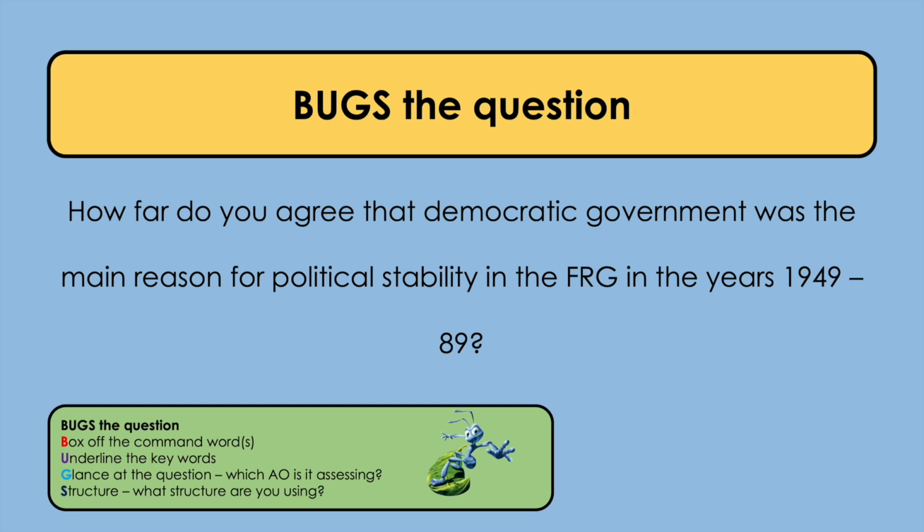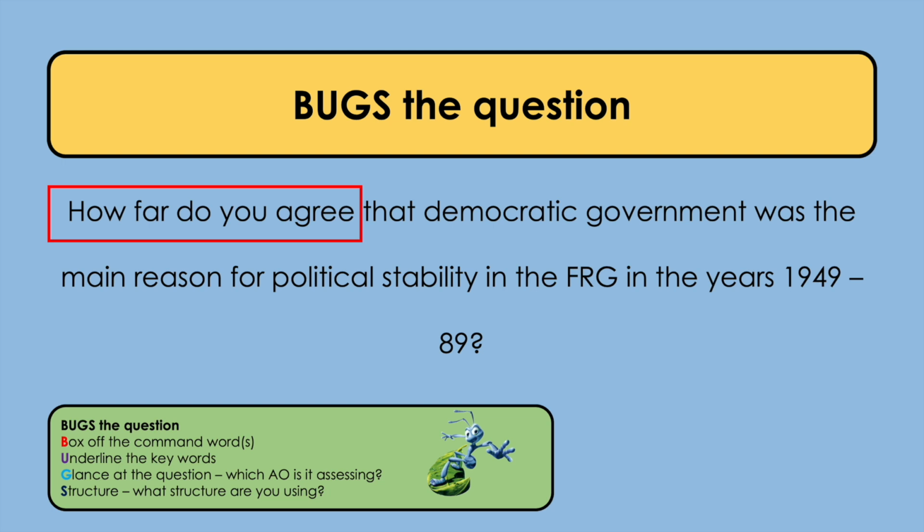So what is the command word or words? Well, in this question, it is actually a command phrase. It's how far do you agree? So what the question is asking us is it's going to give us a statement, and it wants to know whether or not we think that statement is correct for causing or changing something.